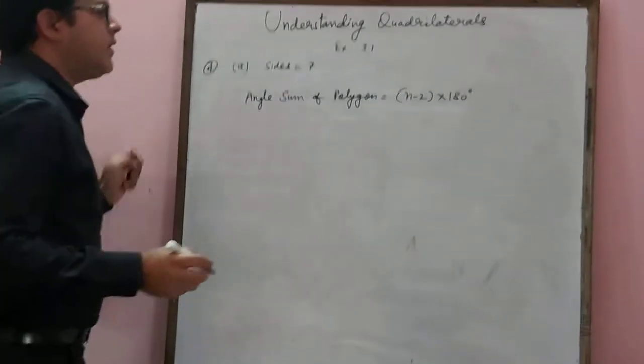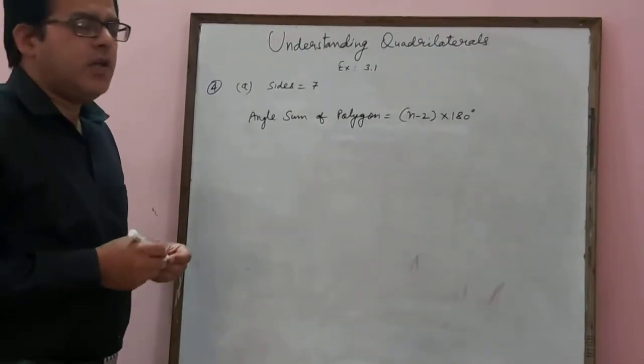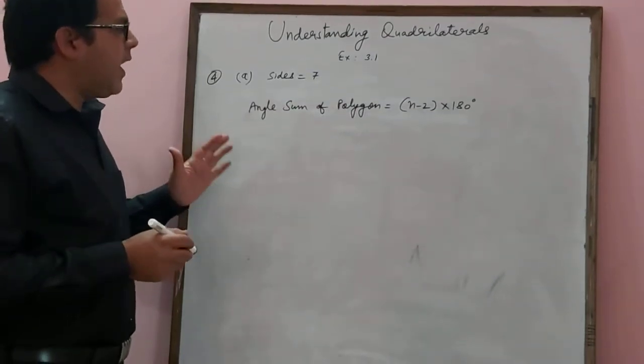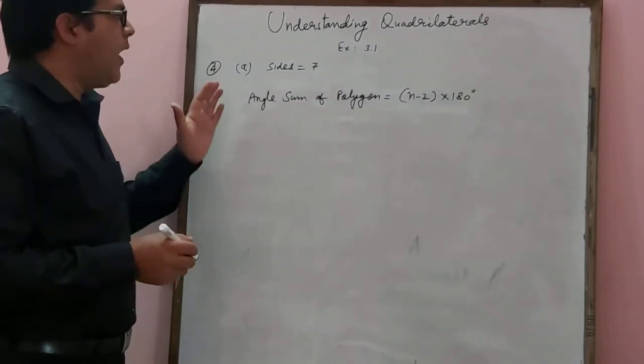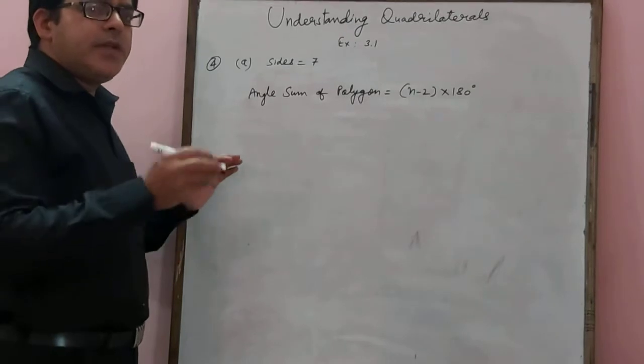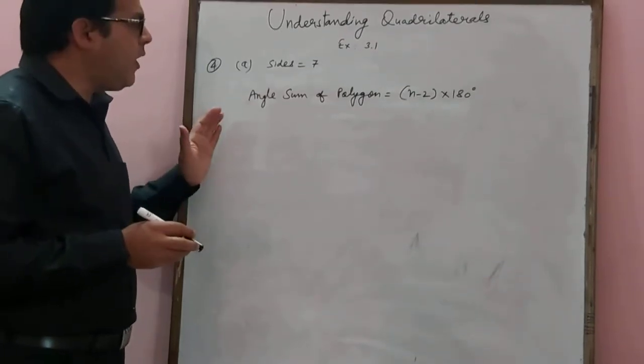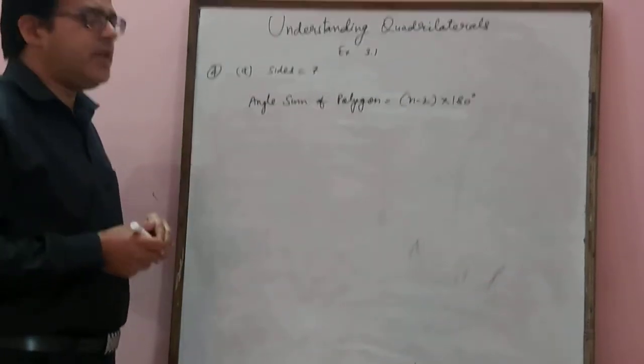This is the formula by which we calculate the angle sum of any polygon. Angle sum means the sum of all interior angles of that polygon.